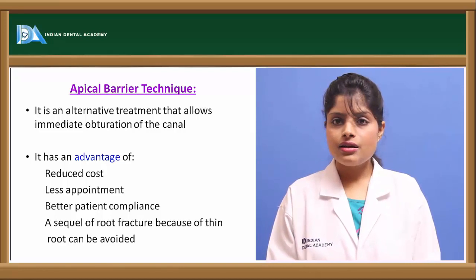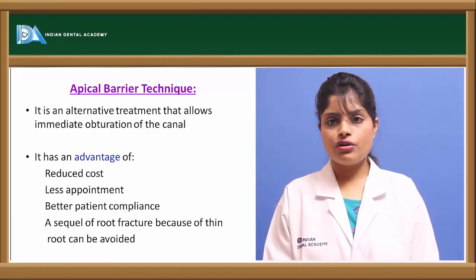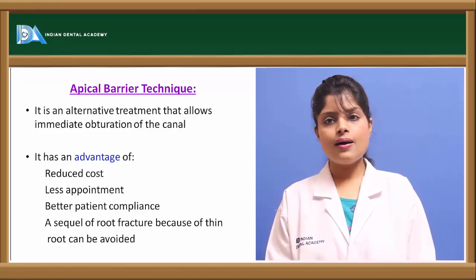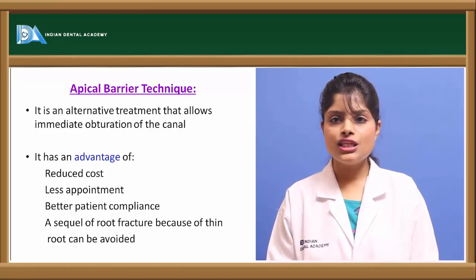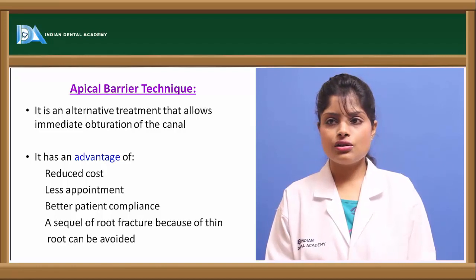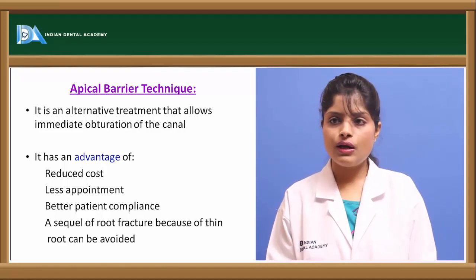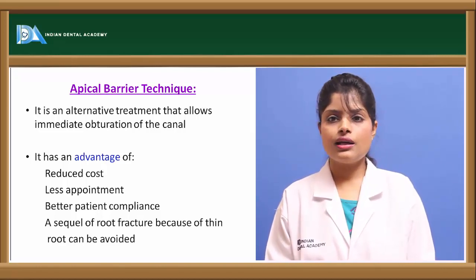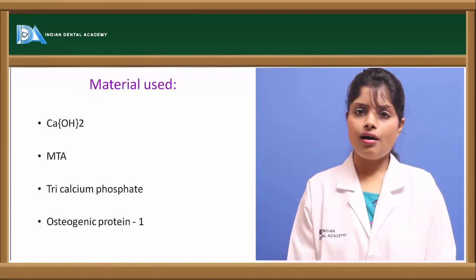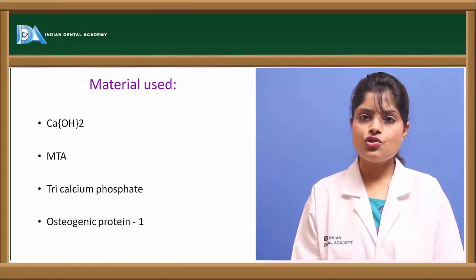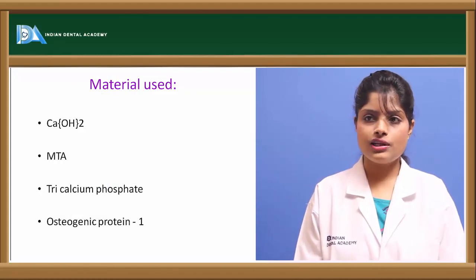It has the advantages of reduced costs, fewer appointments, better patient compliance, and the risk of root fracture is also less because the thinner roots can be avoided. The other materials used are calcium hydroxide, tricalcium phosphate, and osteogenic protein.